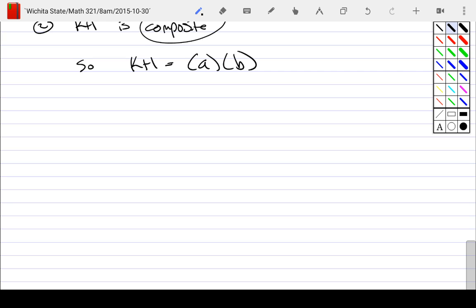They're smaller, right? What's the smallest that a and b can be? 2. That's as small as they could get. What's the largest they can get? 1 less. All I know is that there's two numbers smaller.